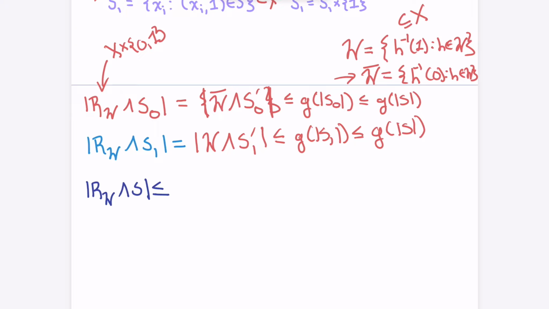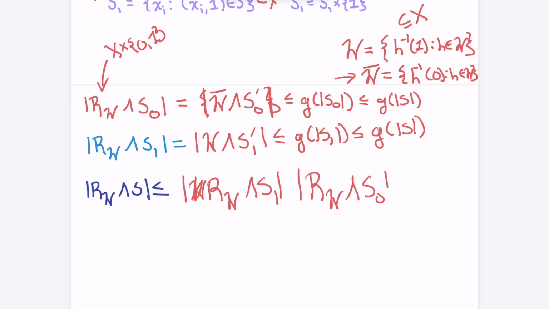So it has some subset that's labeled true, that'll be R, H, and S1. And it has some subset that's labeled false, R, H, and S0. And then you multiply it together because it's one subset from each. And so that's how you get G of size of S squared.